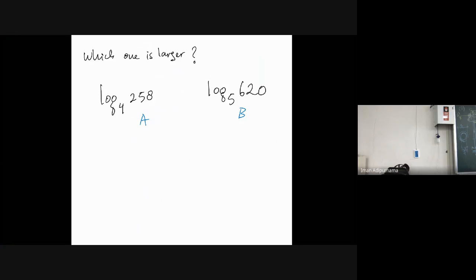You can use that as your conclusion. So do you think A or B?